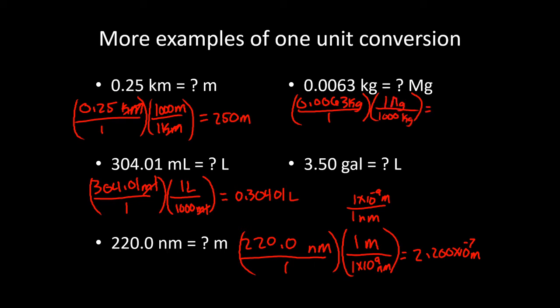And so that is going to end up giving me, let's see, I should probably write it in scientific notation. So it would be 6.3 times 10 to the negative 6 megagrams.